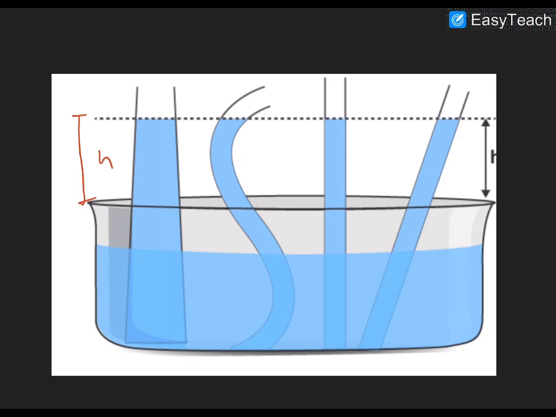So this is very important to note, that irrespective of the shape of the tube, it might be of this shape, this shape, this shape, or this shape, this h will remain the same. So it is very important.